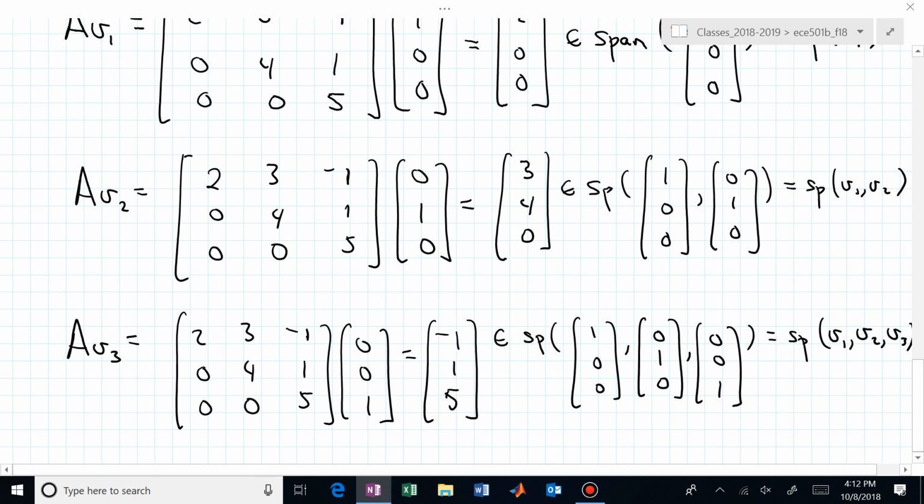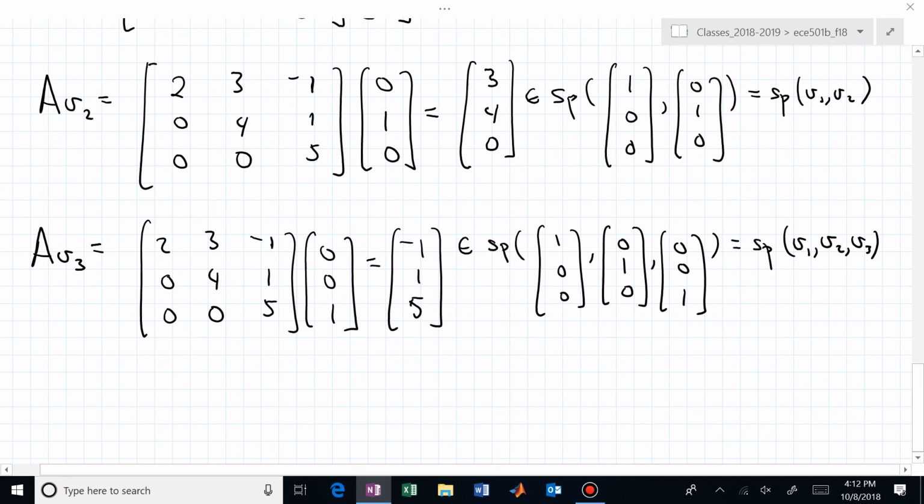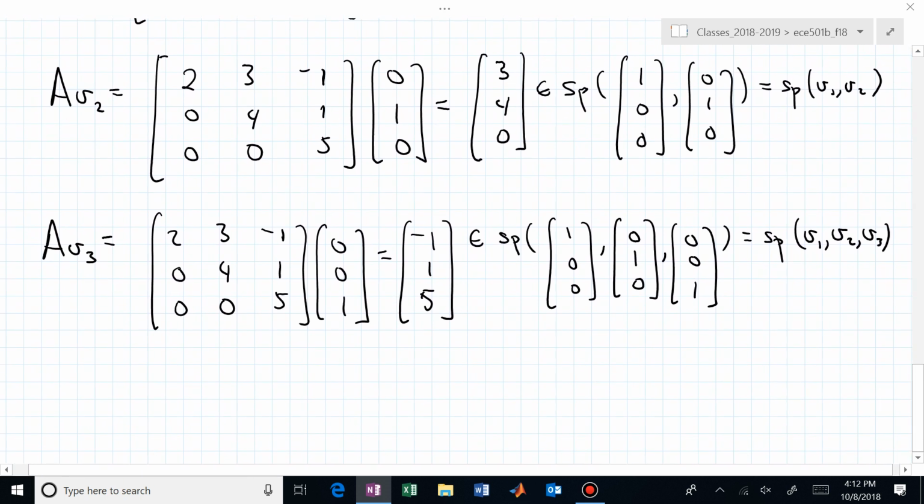Yes? So is any vector in the span of V1, V2, V3 an eigenvector for lambda sub 3 equal to 5? What's the answer to that?